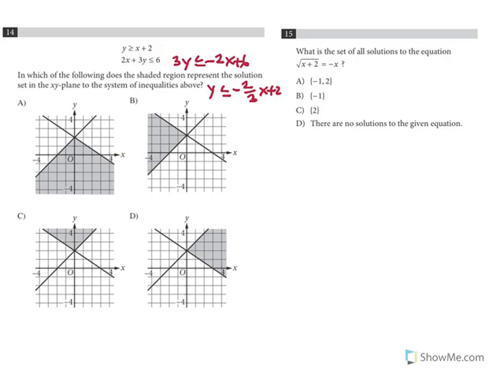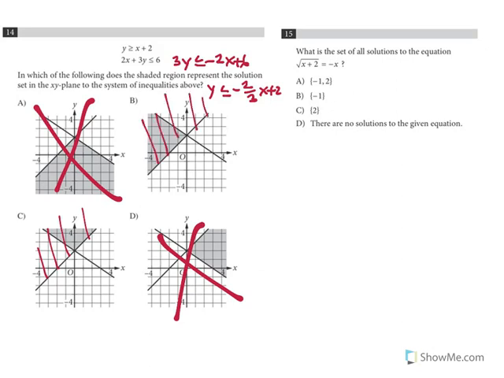Well, A has the shading below the positive and the negative. D has the shading above the negative and below the positive. So that eliminates those two. So which one has the shading, again, above the positive and below the negative? And we see that is answer choice B.